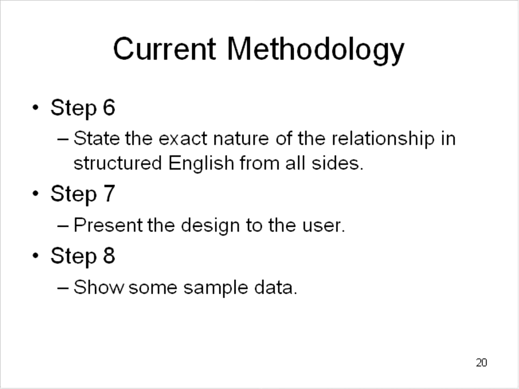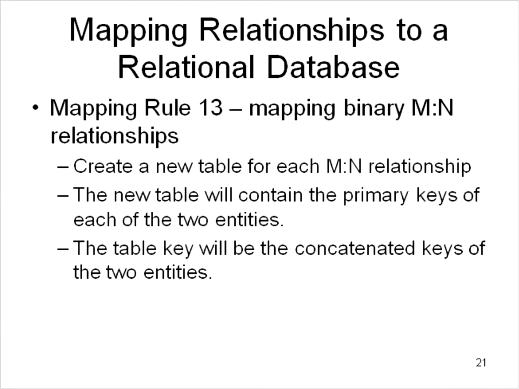Step 7 says, present the design to the user, and step 8 says, show some sample data. Okay, now that we have talked about the relationships, the cardinality, and the participation constraints, the next step would be to map these relationships to a relational database.